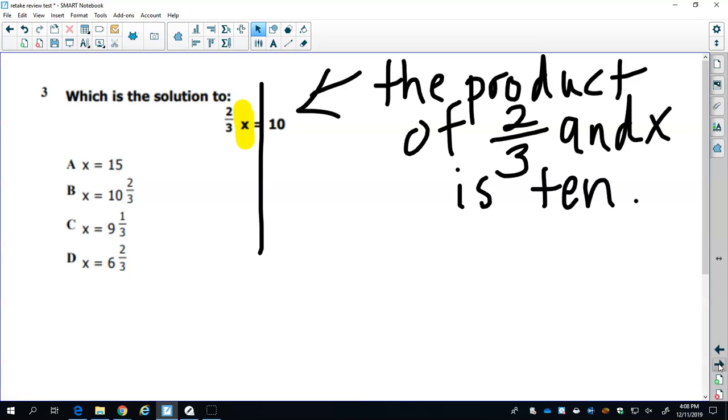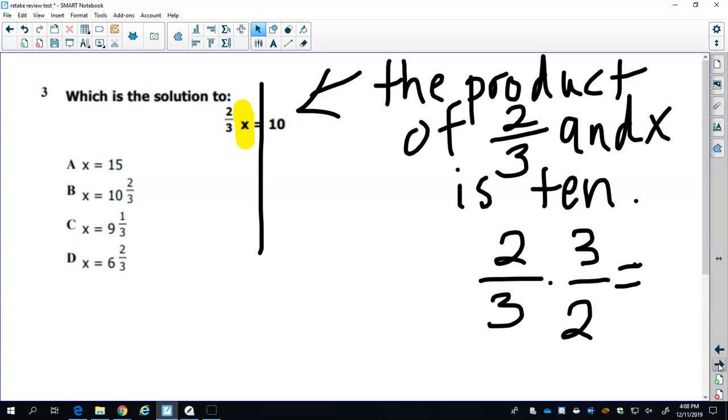Now in class we learned when we want to get rid of a fraction or make a fraction into 1, you can do it by multiplying a fraction by its reciprocal. And when we multiply by the reciprocal, that's the same thing as dividing, because we're undoing the multiplication by multiplying by the reciprocal.